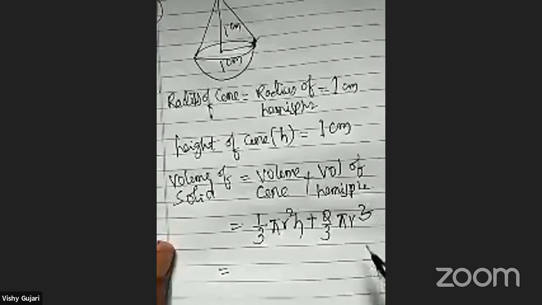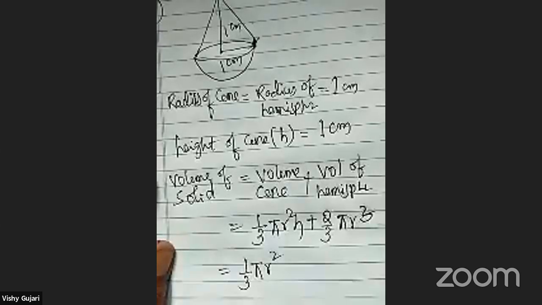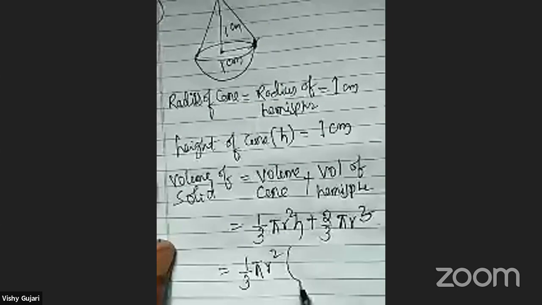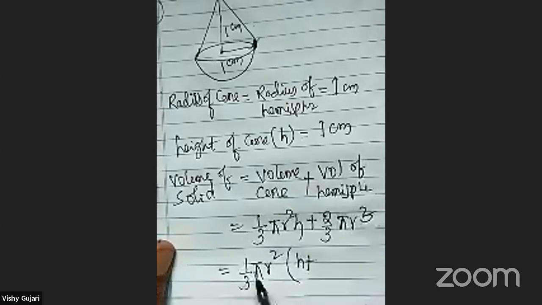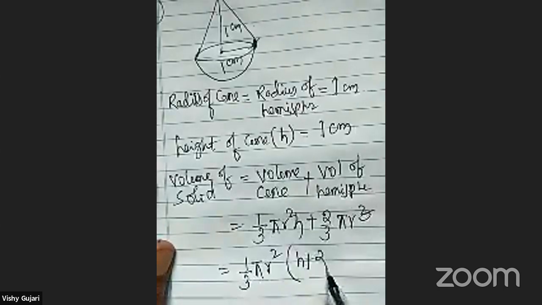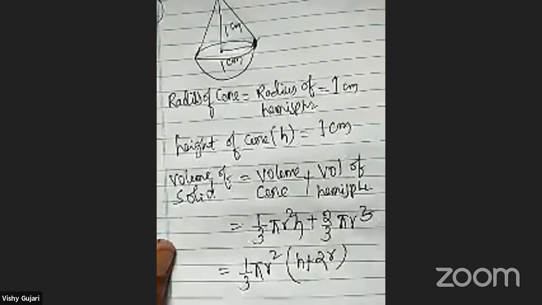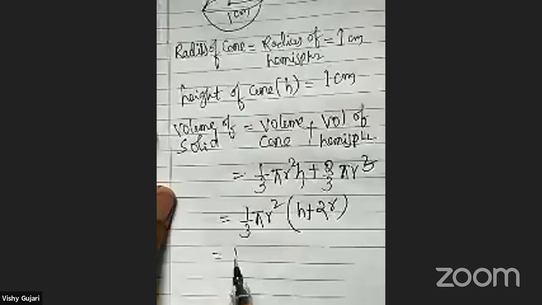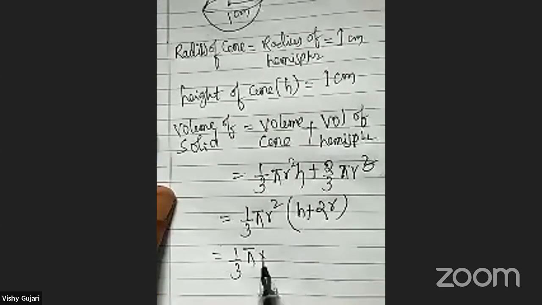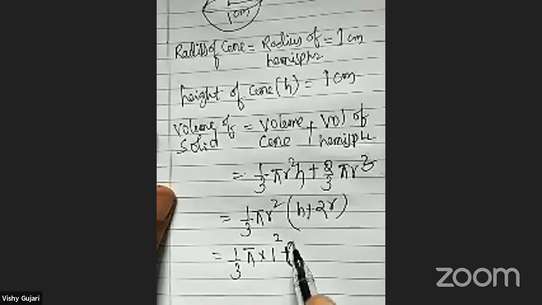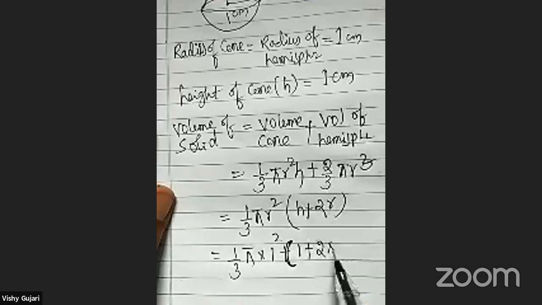1 by 3 pi r square is taken common. h will remain, plus from 2 by 3, when 1 by 3 is taken common, 2 will remain, and r will remain. 1 by 3 into pi into 1 square into bracket, height is 1 plus 2 into radius, which is also 1.